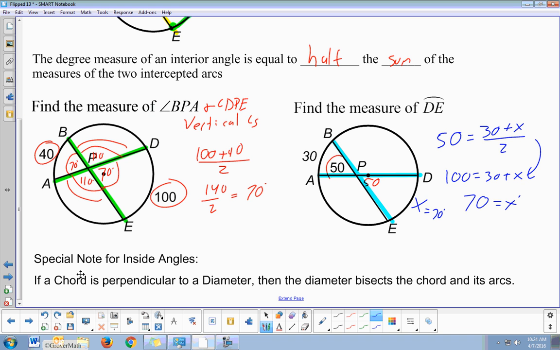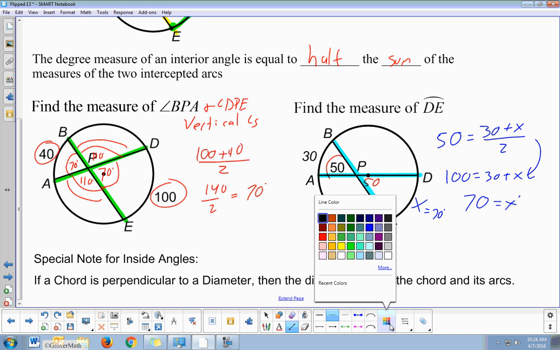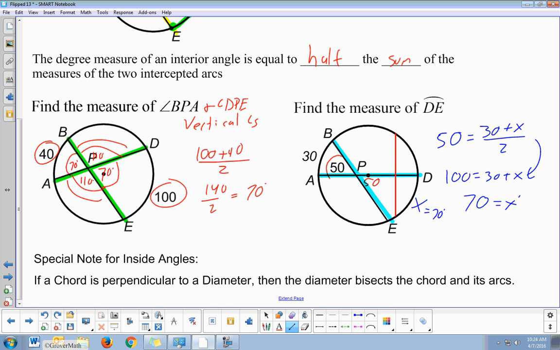Special note for inside angles: if a chord is perpendicular to a diameter, then the diameter bisects the chord and its arcs. So I have a diameter drawn in here. Let me draw in a chord that's perpendicular to it, and I'll show you what that's trying to say. So here's a chord, and it's perpendicular to the diameter here.